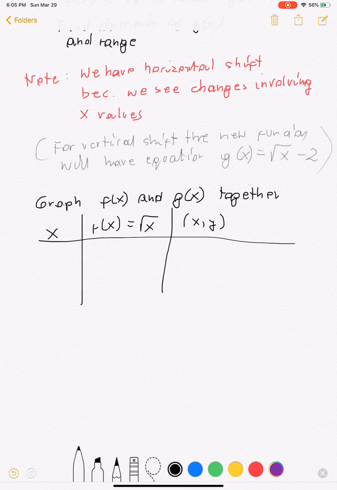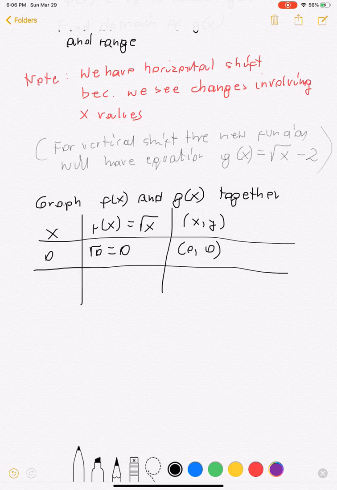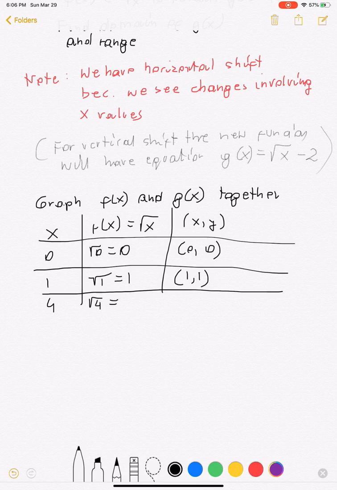When x is equal to 0, y will be square root of 0, which is 0. So we have the point 0, comma 0. Then when x is equal to 1, y is square root of 1, which is 1. So we have the point 1, comma 1. And when x is equal to 4, y will be square root of 4, which is 2. So we have the point 4, comma 2.